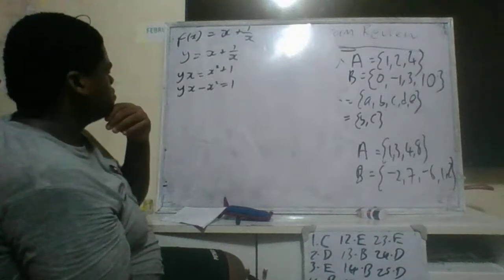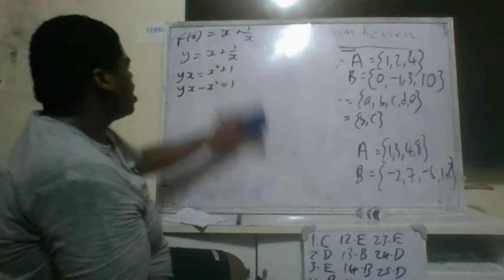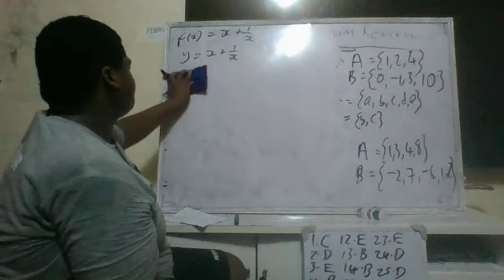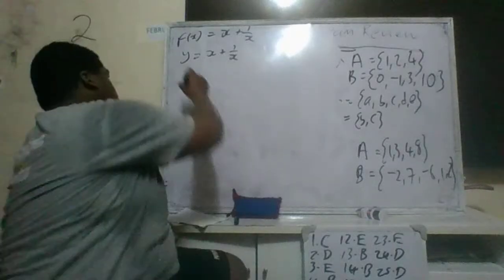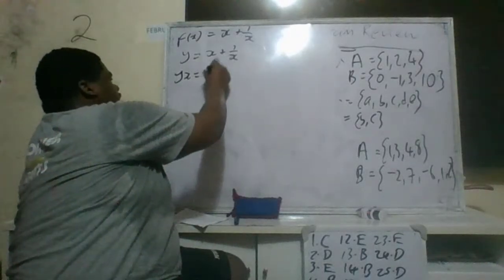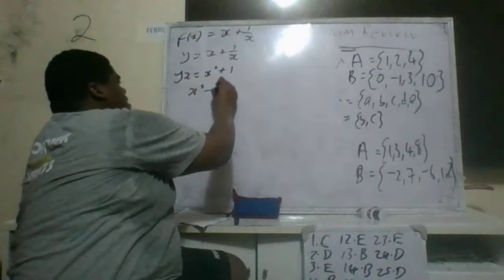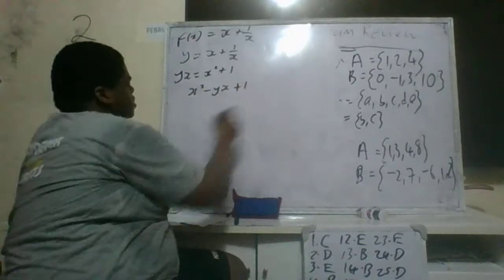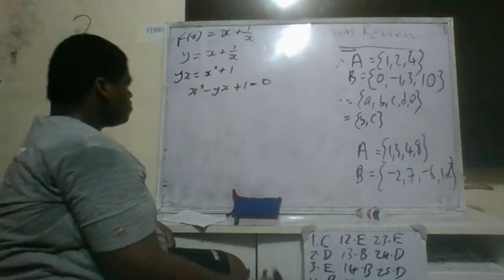Want to make x the subject? The only way we can do this is using the quadratic formula. So let's do that. We have yx is equal to x squared plus 1, so x squared minus yx plus 1 is equal to 0.